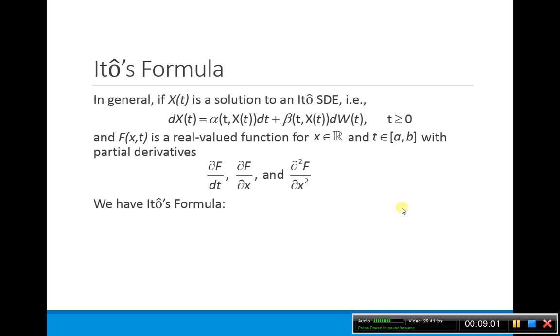So in general, if x of t is a solution to this Itô stochastic differential equation, and we want to think about some function of x.